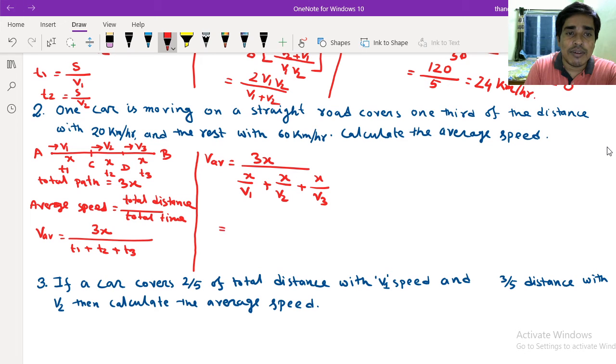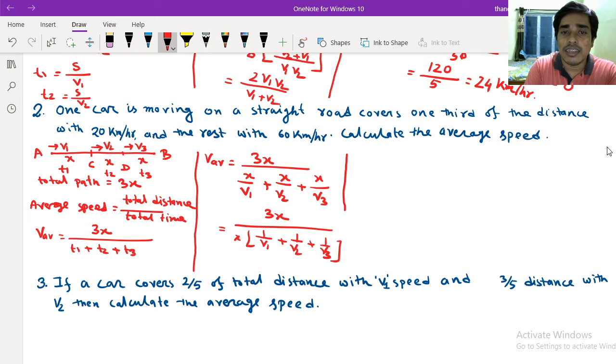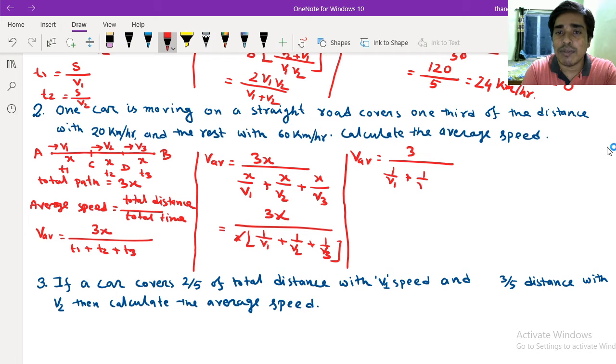In the denominator x is common, so x will cancel out, and V average will be 3 divided by (1 by v1 plus 1 by v2 plus 1 by v3).